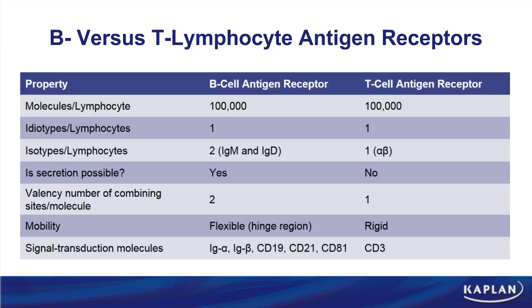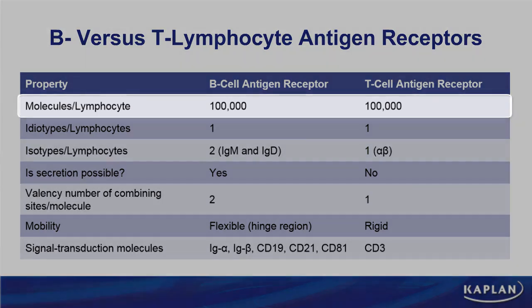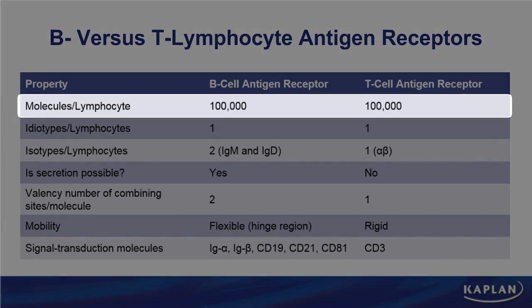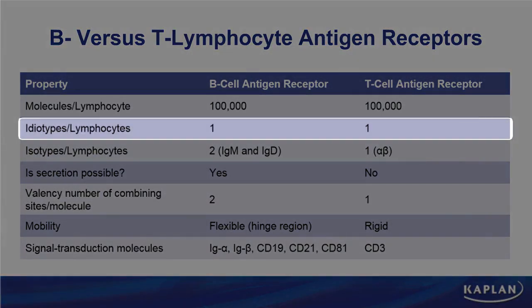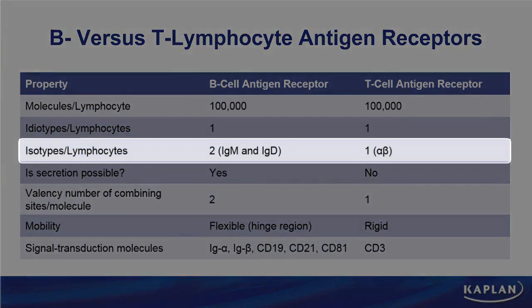So now let's take a look at some of the similarities and differences between the B cell and the T cell receptor. They have approximately the same number of receptors per B cell and T cell. Each receptor can only bind one antigen. However, when we look at the B cell receptors, we recall that there can be two different isotypes per cell, at least on naive B cells, IgM and IgD, versus a T cell receptor that only has one isotype per cell.